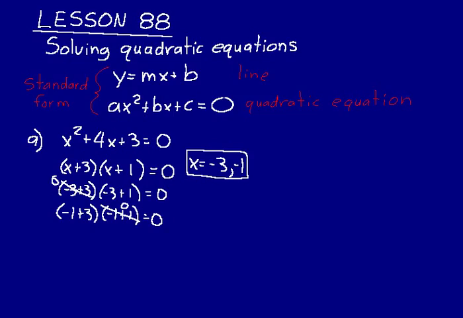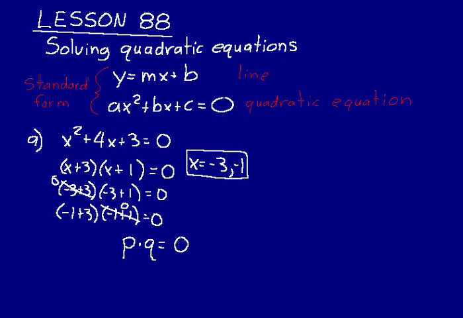A way to describe that is something called the zero factor theorem. If you had two numbers, p times q equaled 0, one of those numbers has to equal 0 in order for p times q to equal 0. Either p is 0, q is 0, or both of them equal 0. That's called the zero factor theorem. That's just a truth about that property.